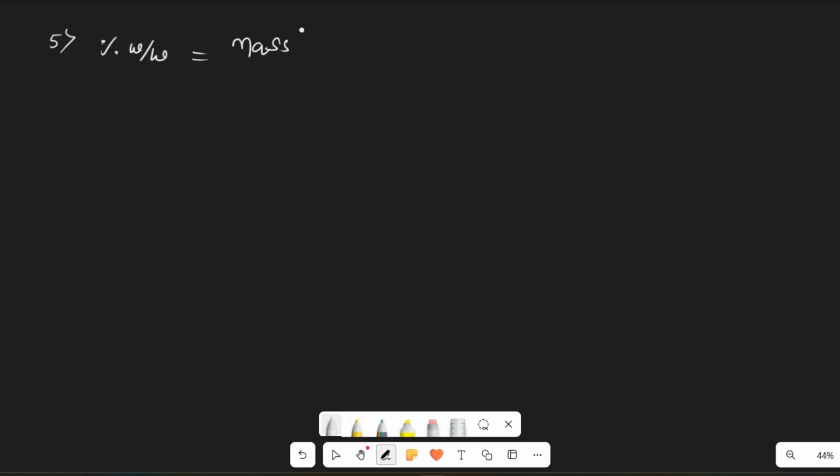We can write it like this: mass of solute by mass of solution, into 100, as we are discussing percentage, right?